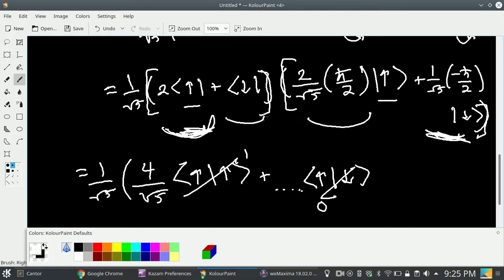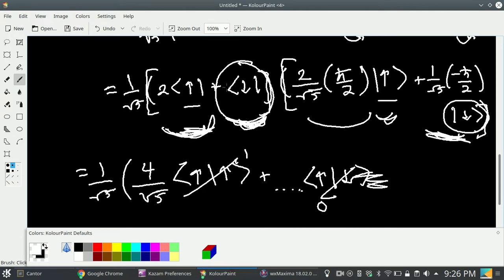And the inside is the same way. I've got a down bra and an up ket. That's also 0. All we have to do is this stuff now. This is the spin negative 1/2 bra and the spin negative 1/2 ket, so I do have to compute the eigenvalue there.